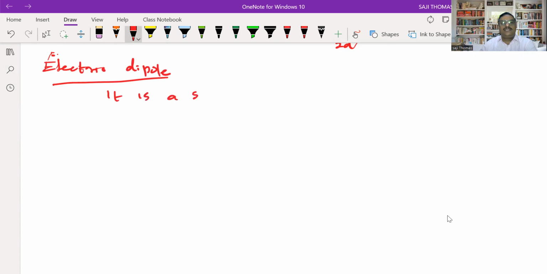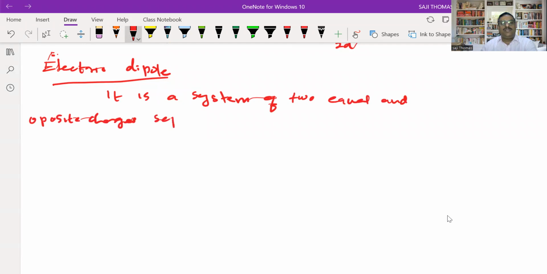It is a system of two equal and opposite charges separated by a small distance.